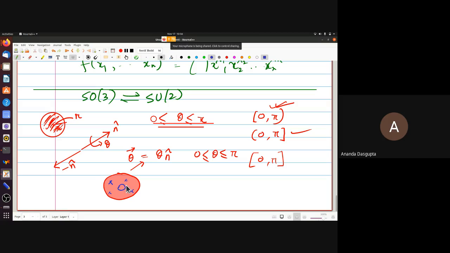You keep on changing the rotation slightly as you move along the loop. When you come back, you are back to the same rotation. So you're completing a loop in SO3. That is, you start with a particular rotation, keep on changing the rotation slightly, and ultimately you're back to the same rotation. That's what a loop will give you. Okay? Right?